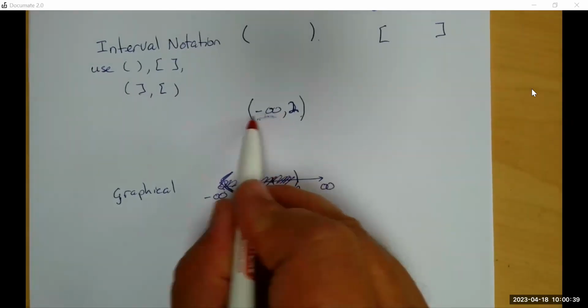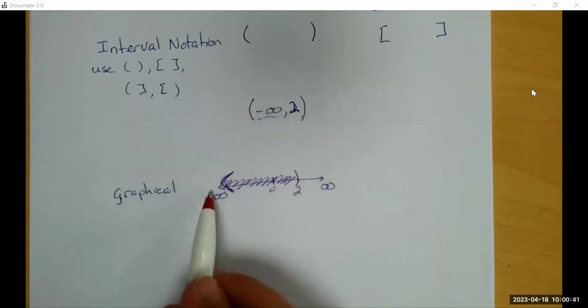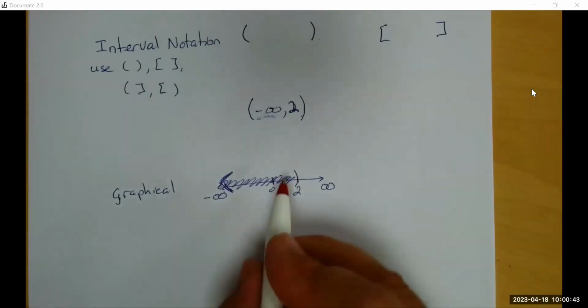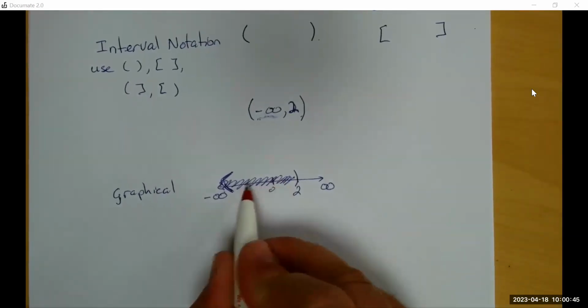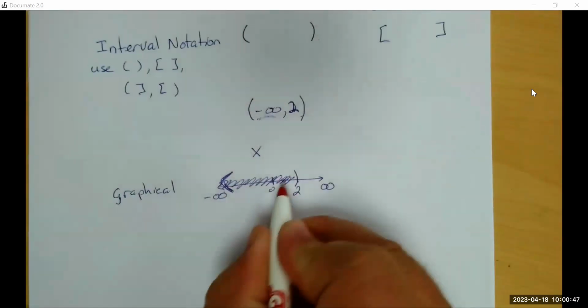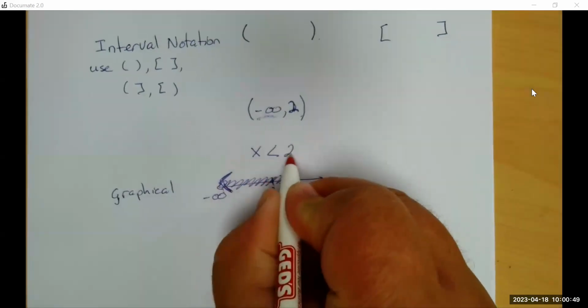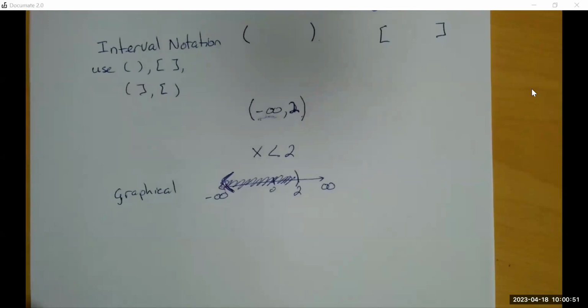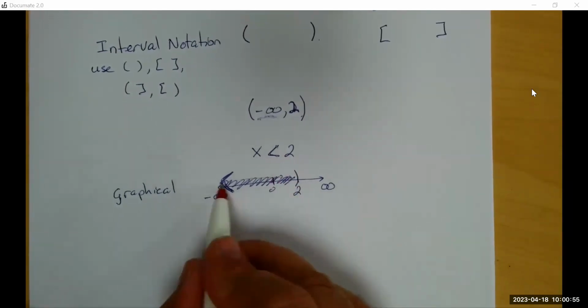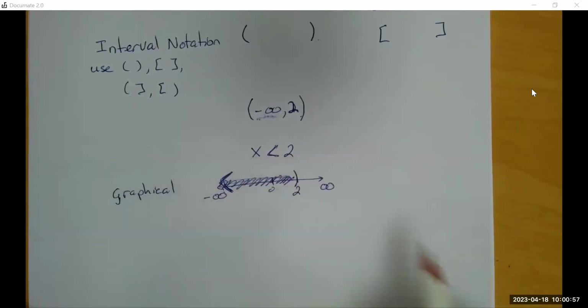All my answers have to be between negative infinity and 2. These are my x's. So x is to the left, it's less than 2. Since all these numbers are less than 2, that's what it looks like.